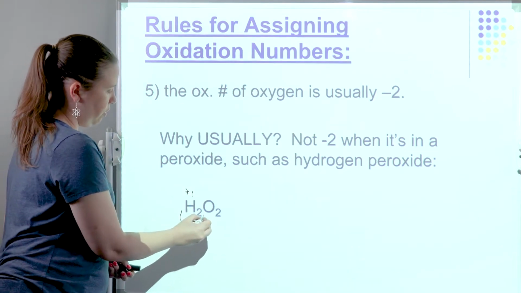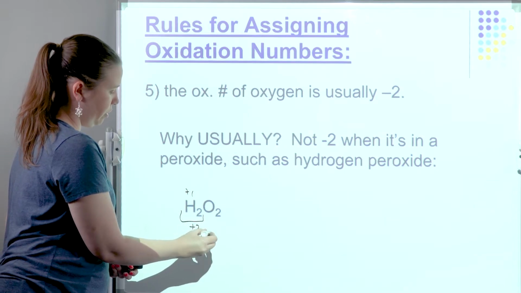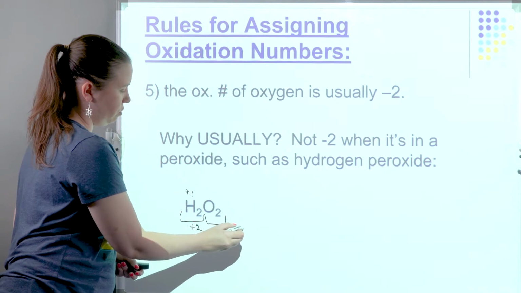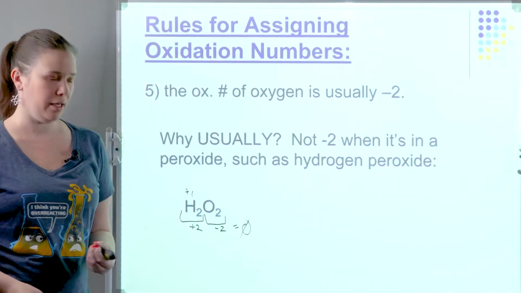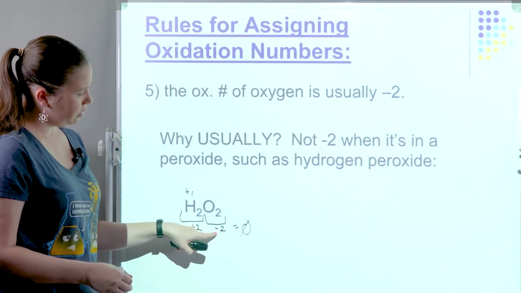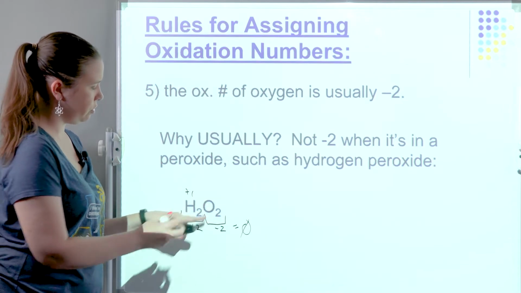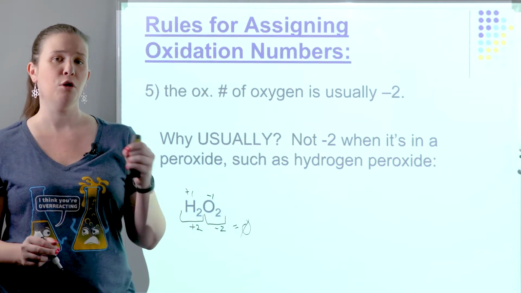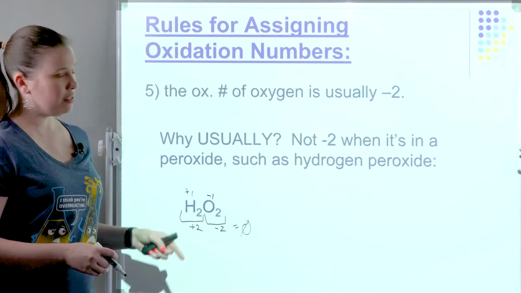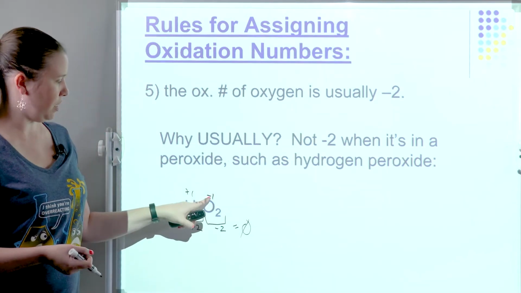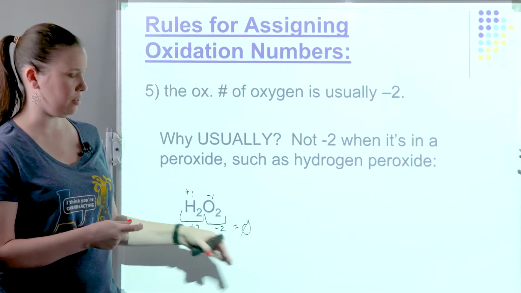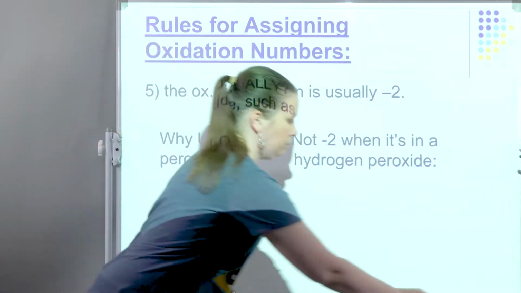But I have 2 of them, so I need a total of +2, meaning I need a total of -2 in order for the charges to cancel out. But I have 2 oxygens, so each oxygen would actually have an oxidation number of -1. We wouldn't say it has a charge of -1, we would say it has an oxidation number of -1 in order to get a total oxidation state of 0.